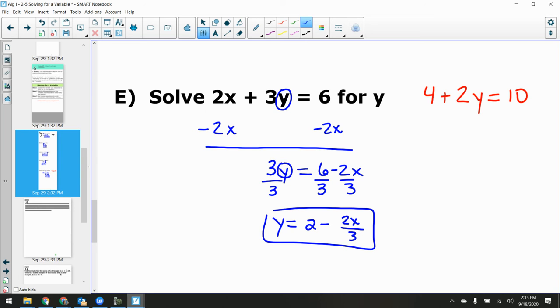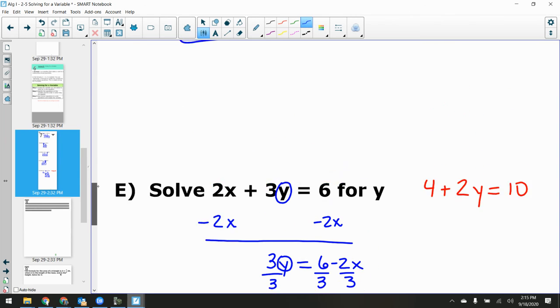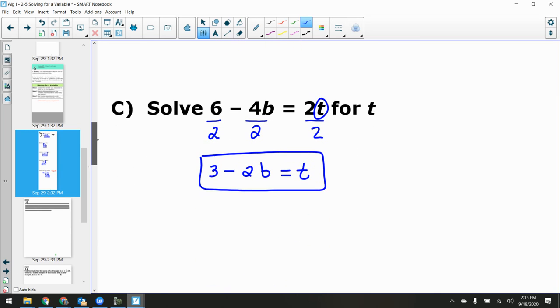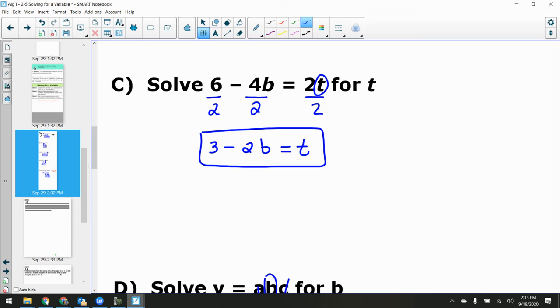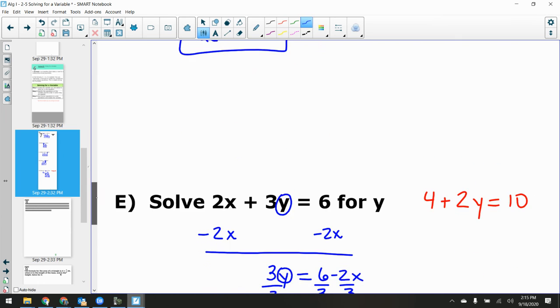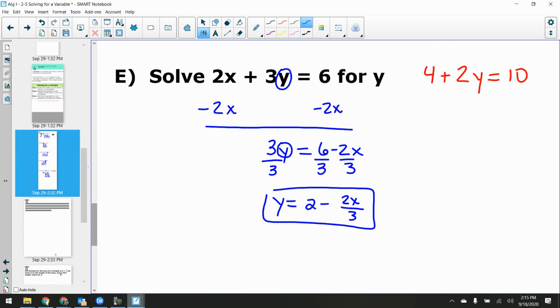Yeah? Like this? Are you talking about the 6 and the 2? Here? Yeah. We did that because 4 was actually divisible by 2. Like we could actually take 4 divided by 2. On the last one that we just did, 2 you can't divide by 3, if that's a simplified fraction. Does that make sense?